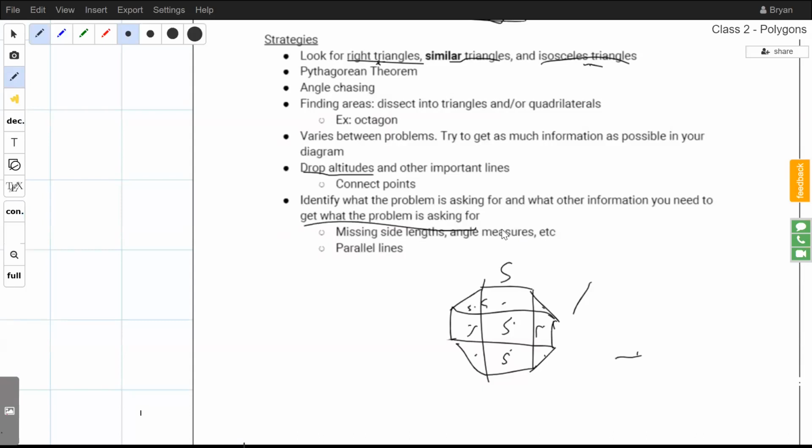If you're just looking at a diagram and just drawing on it or writing stuff or finding side lengths for literally no reason because you're bored or don't have an idea of how to solve the problem, try to work backwards. Think about what it's asking for and then just derive what you need to get. And maybe if you know what you need to get, you'll be able to find something that you can use.